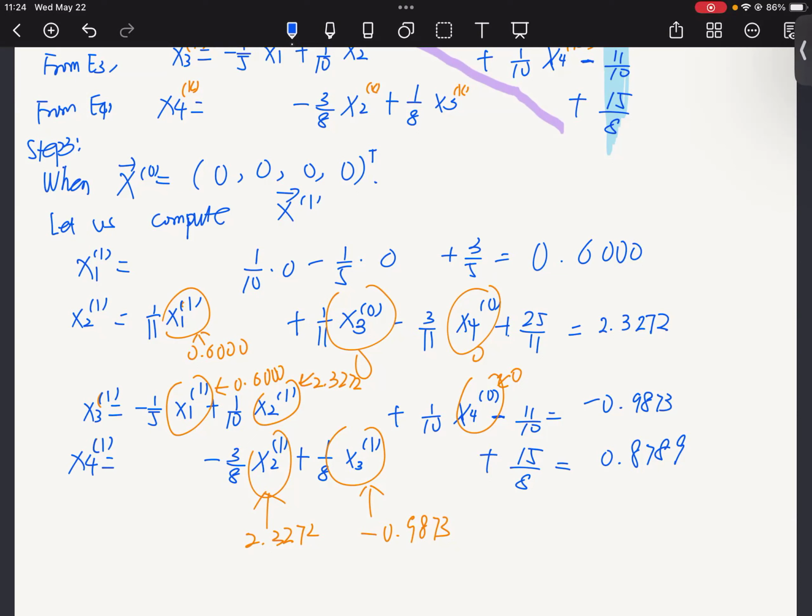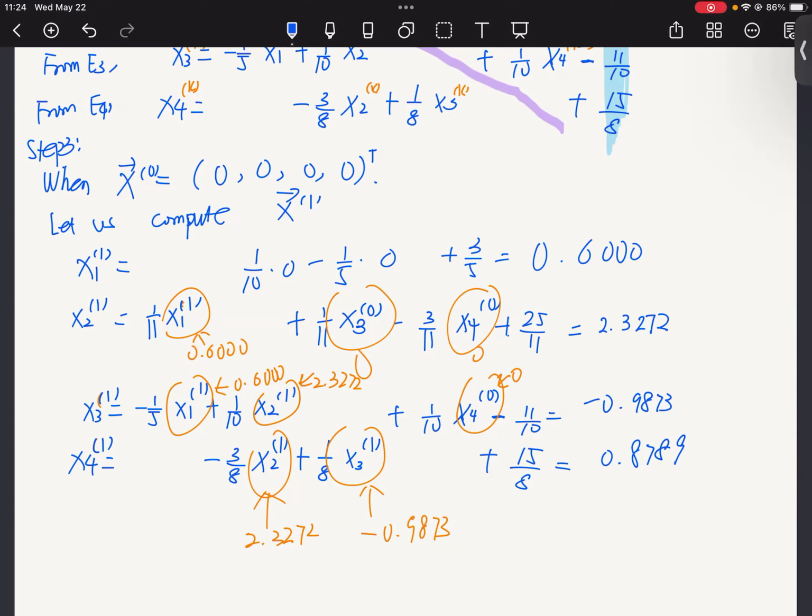Let me see the numerical methods here. Number 4B, iteration. Okay, we got this.